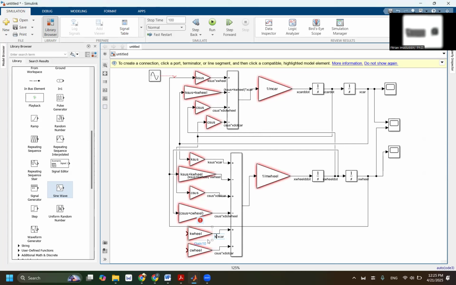It is K wheel multiplied by X road. This is C wheel.